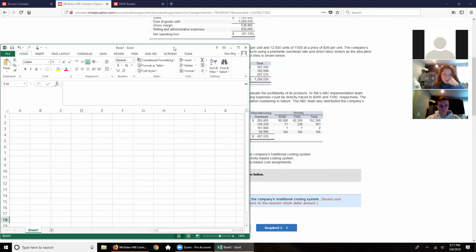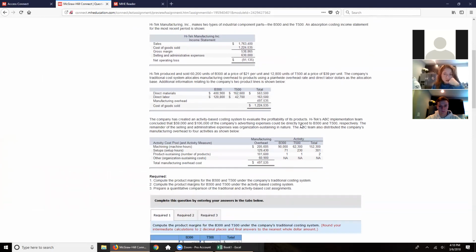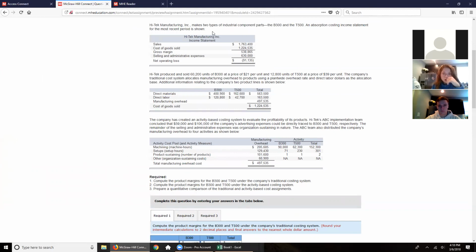So really, we're starting with, I'll sketch out the B and the T here. We're always starting with sales, right? How much did these things contribute toward potentially the bottom line? If I remember right, we had to do a little bit of math here.